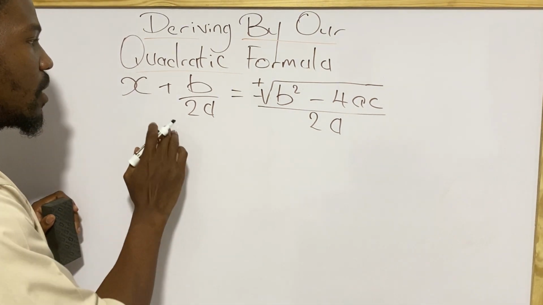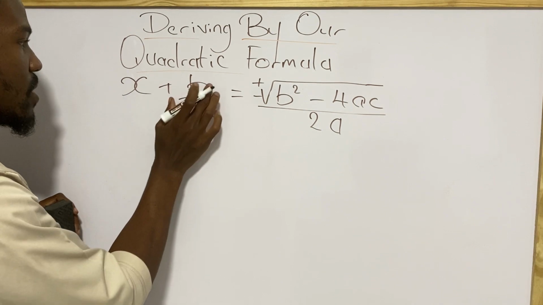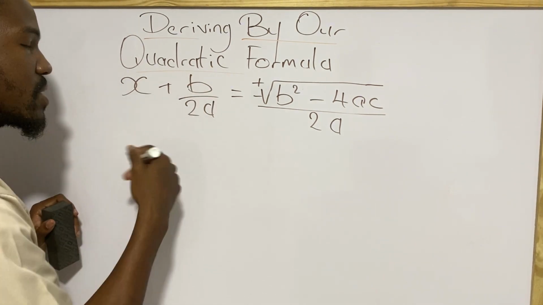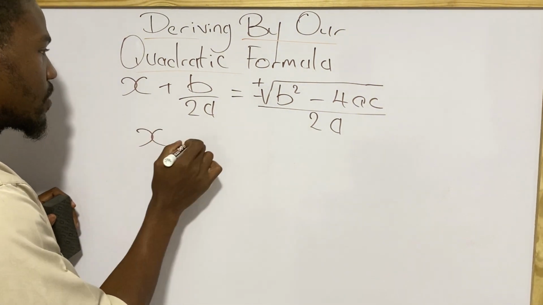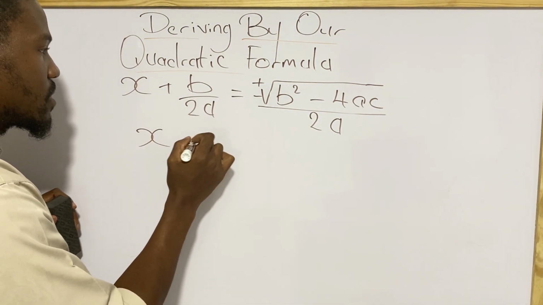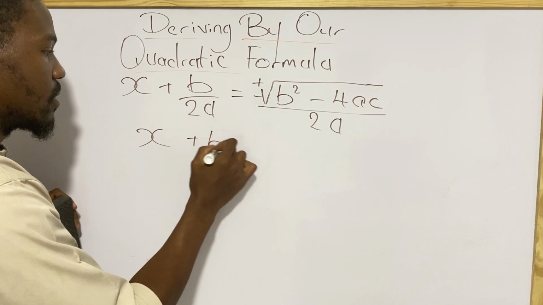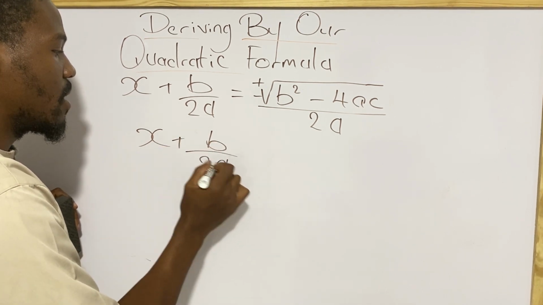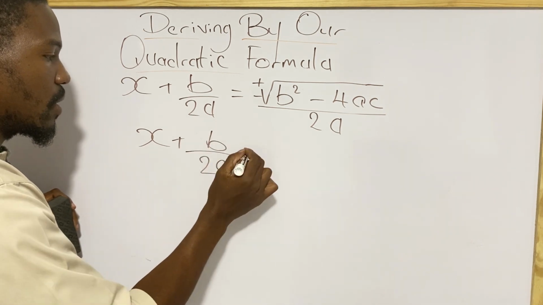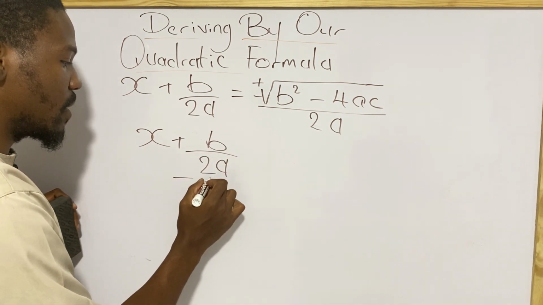Now here, we are going to remove this b over 2a because we're still solving for x. And in solving for x, we would have to subtract this. I'm adding the b over 2a, so in order to remove it, I would have to subtract it.